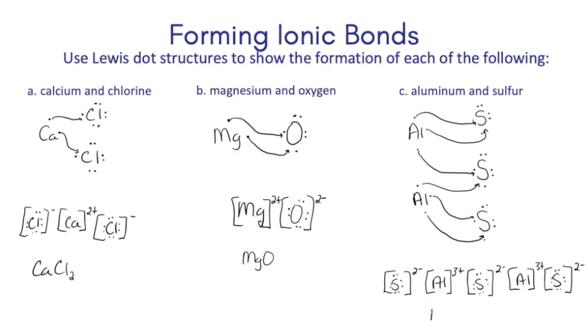And for the last one, aluminum, there are 2, and sulfurs, there are 3. In each case, the metal is written first, with the nonmetal written second, and each chemical formula represents a bond that equals zero. That means that the total positives equal the total negatives.